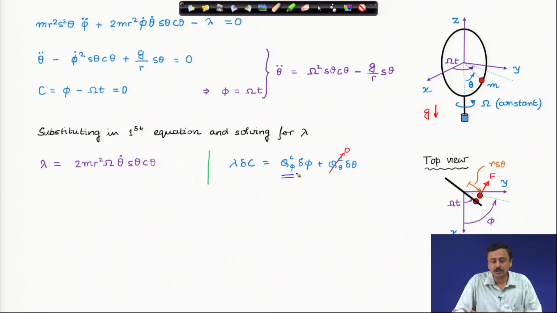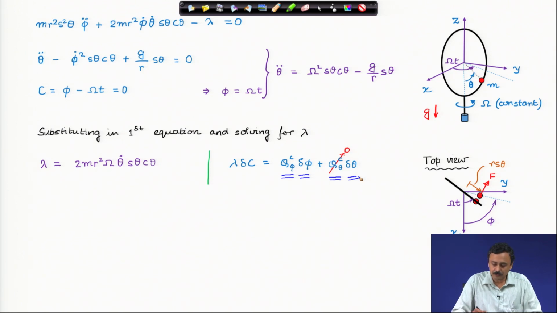The generalized constraint force in the phi direction must be multiplied by delta phi, the variation, to give the virtual work done in this coordinate direction. Similarly, the generalized constraint force in the theta direction must be multiplied by the variation of theta to give us the virtual work done by the constraint force in the theta direction.